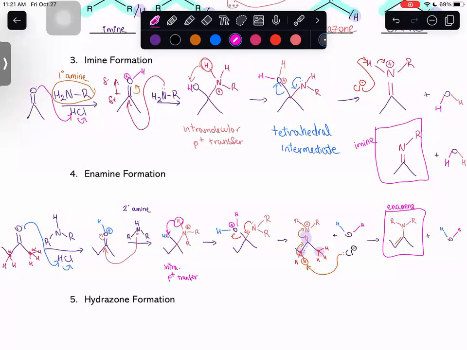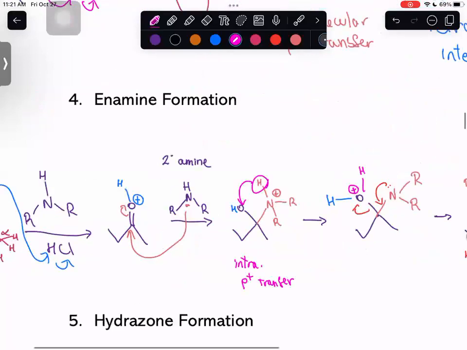Okay. Now, if we have an aldehyde instead of a ketone, is that hydrogen from the aldehyde considered an alpha hydrogen? No, because it's on the carbon that's adjacent to the oxygen. Exactly. So remember, the aldehyde hydrogens are not alpha protons.